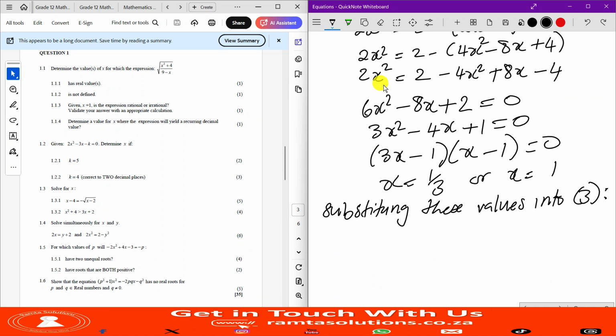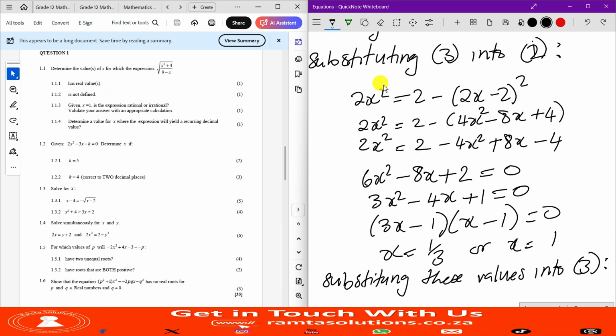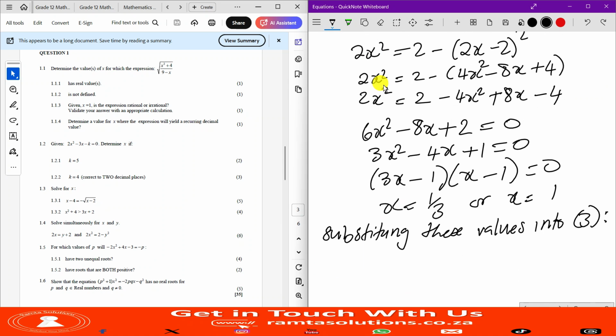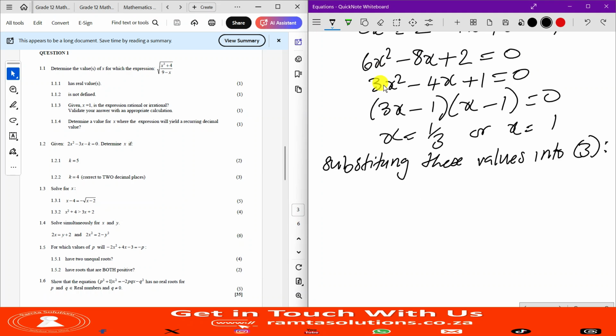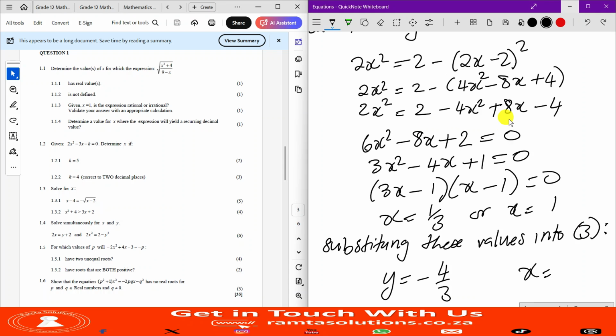We had said y is 2x minus 2. So it'll be 2 over 3 minus 2. It must be minus 4 over 3. And here, again, y was 2x minus 2.